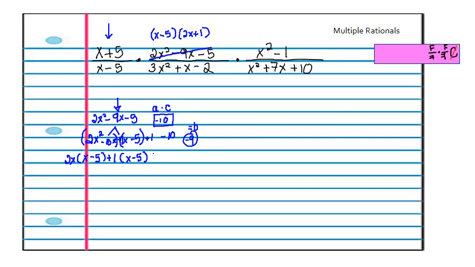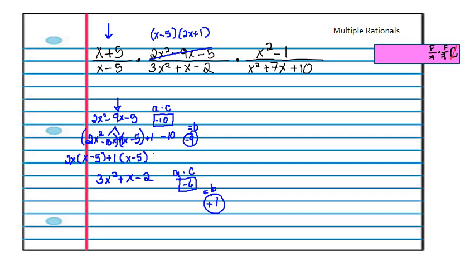Okay, so we're going to have to do the next one. Another factor by grouping. Don't have any common factors inside here, so we don't have to do any GCFing. Need factors for, again, a times c, the first guy times the last guy, negative 6, that, when we add them together, equal the middle guy, positive 1.